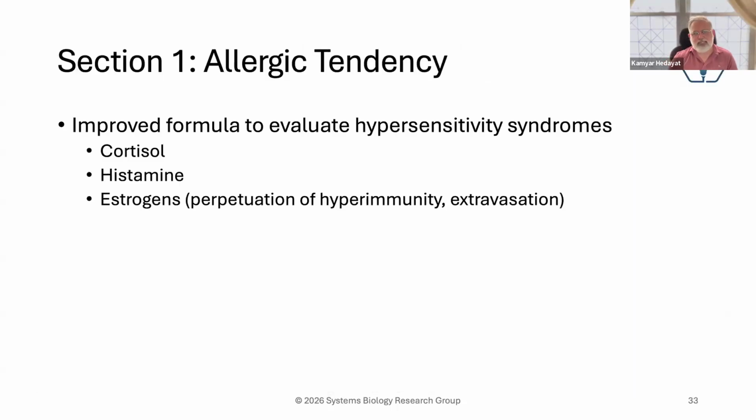The allergic tendency index is an improved formula to evaluate hypersensitivity syndromes because not only does it include cortisol and histamine, but it also evaluates estrogens to better understand their role in the critical terrain in perpetuating the hyperimmunity state, as well as the risk of extravasation of immune cells.